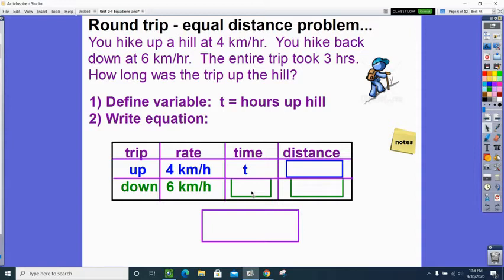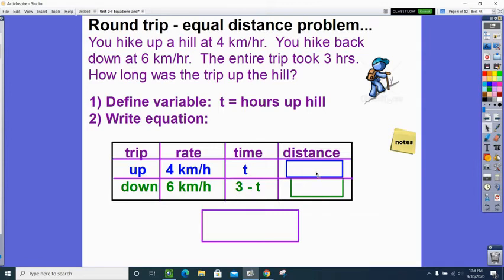The whole trip took 3 hours, and the up portion used up t of those 3 hours. So what is left for the down portion of the time? Did you guess it? You're going to take the 3 hours of the whole trip and take away the part you've already used, and that would leave the time for the down trip.